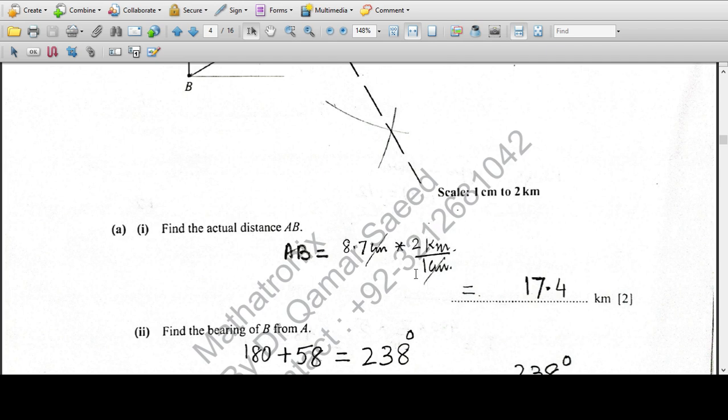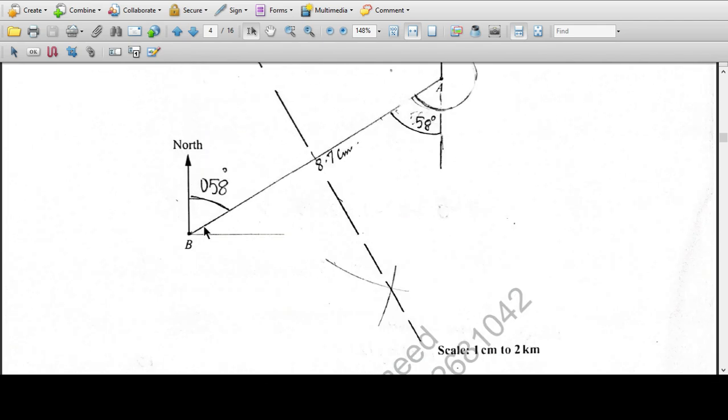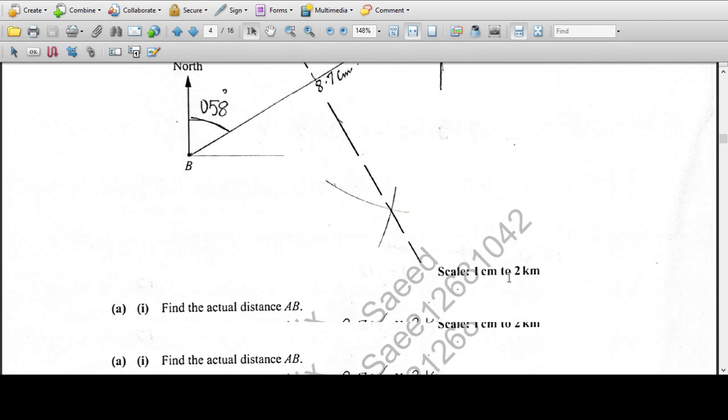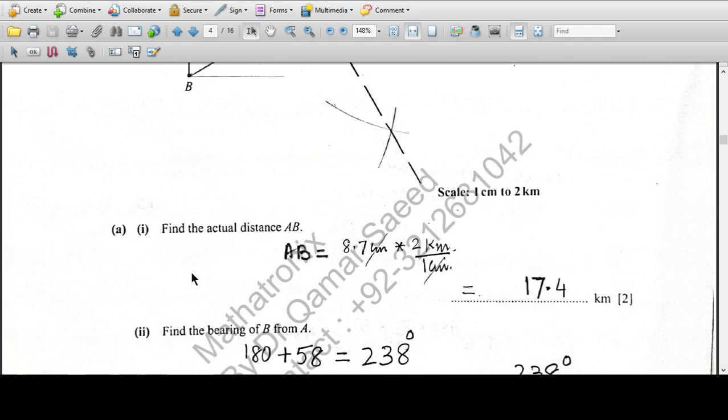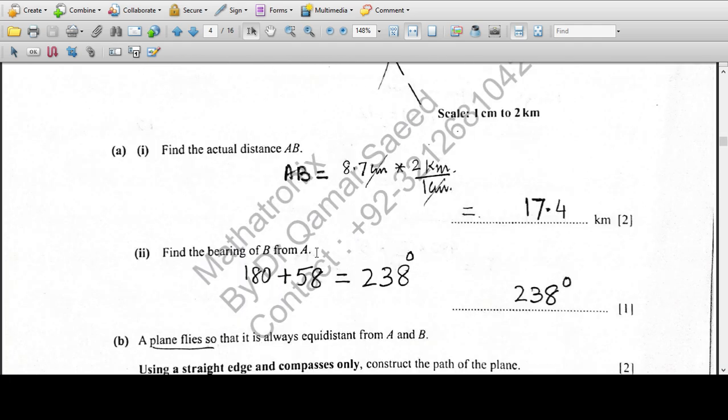This is the conversion scale, and from this the centimeter will cancel out, and 8.7 multiplied by 2 becomes 17.4 kilometers. So AB, the actual distance between A and B, is 17.4 kilometers.